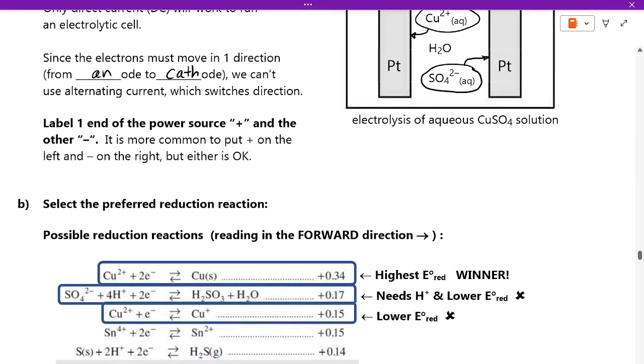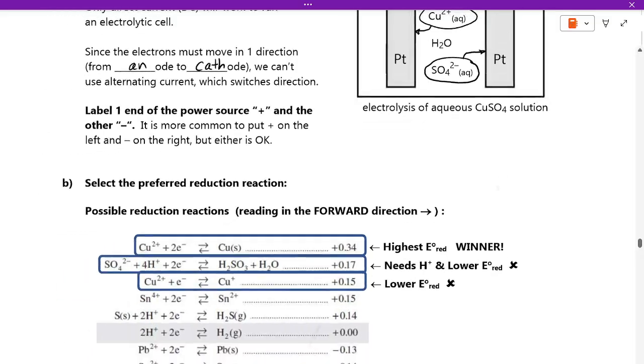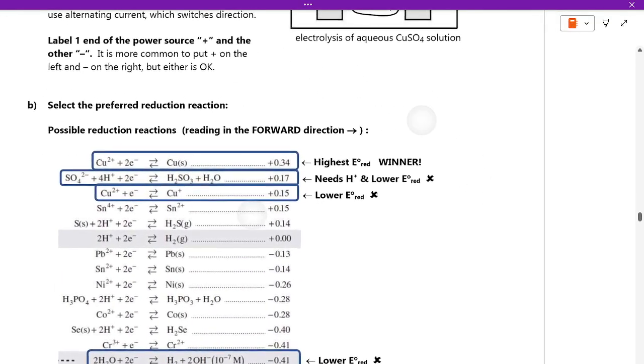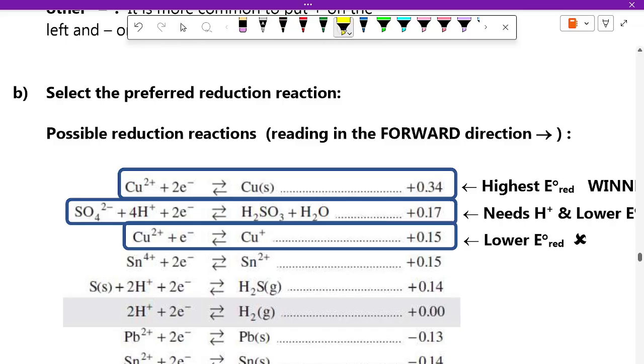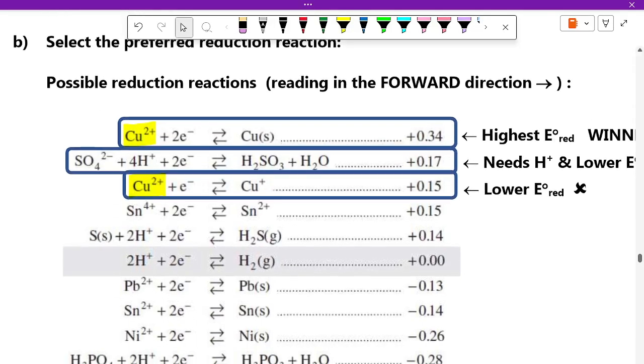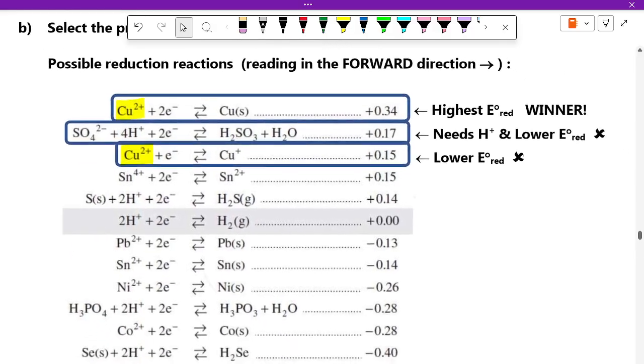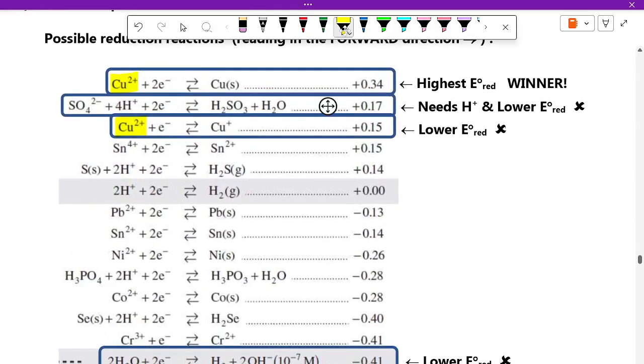So for reduction, we actually have four possibilities. We have copper 2 plus, but we actually have copper 2 plus twice. And we have water.